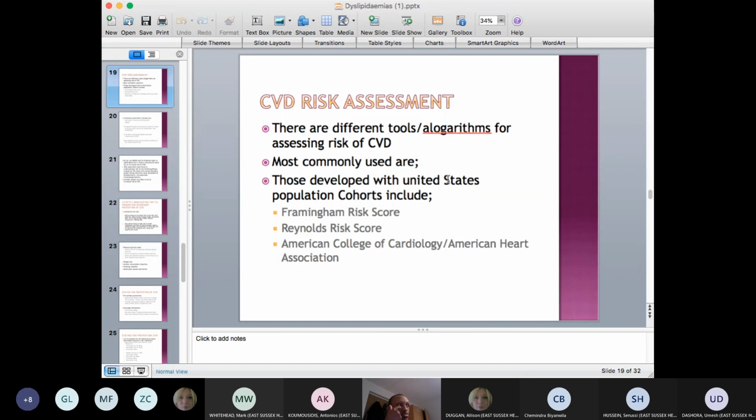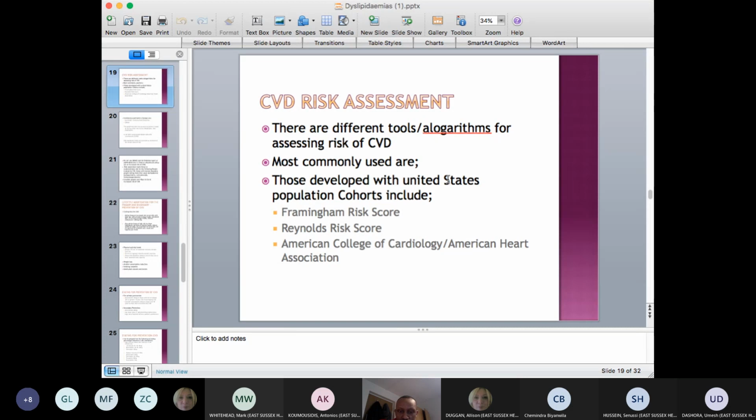There are many different tools out there which are used to assess cardiovascular risk. But the most commonly used ones are those mostly utilized in the United States and in Europe. The oldest one, which has been in use for so long, is the Framingham Risk Score.